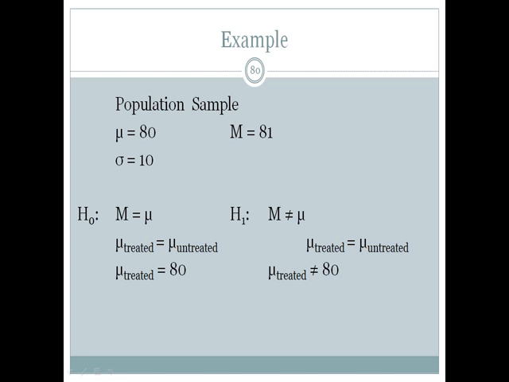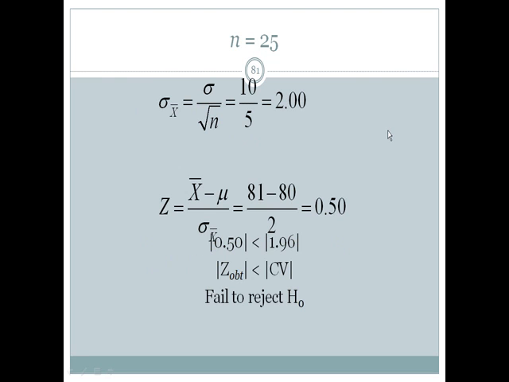So here are some example numbers using n equal to 25. We could actually find in this case, we would fail to reject the null hypothesis. But what if we have n equals 400?